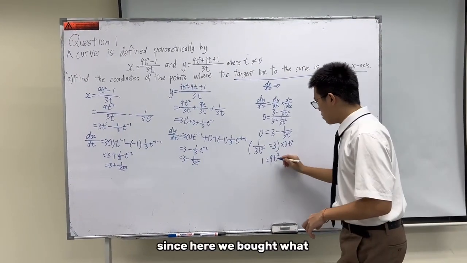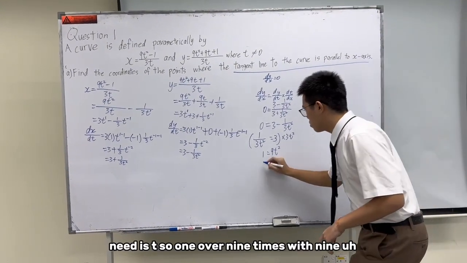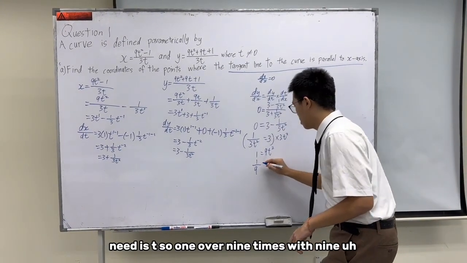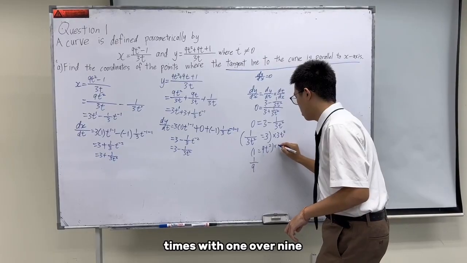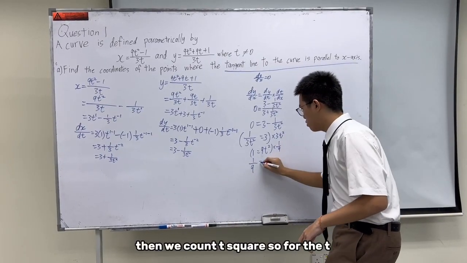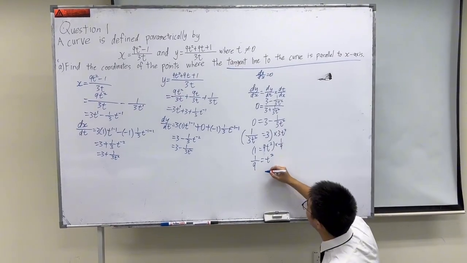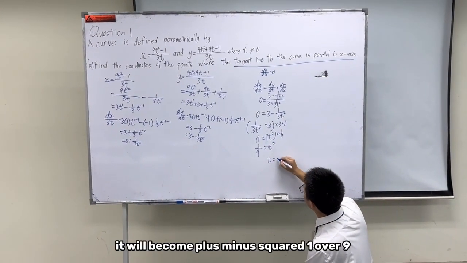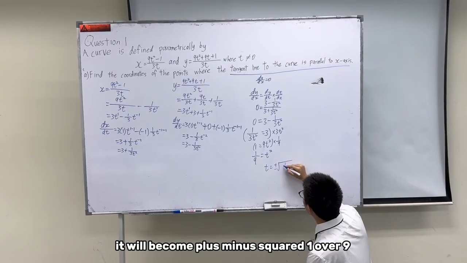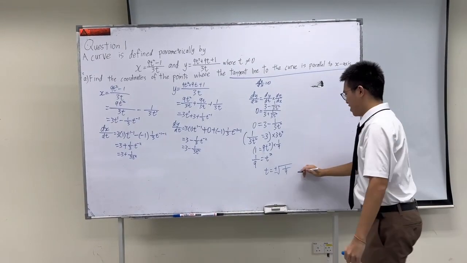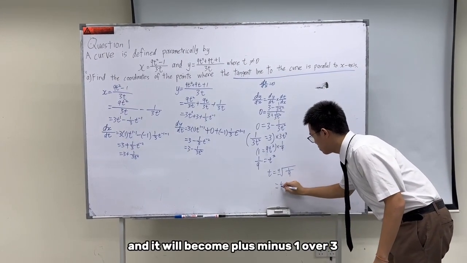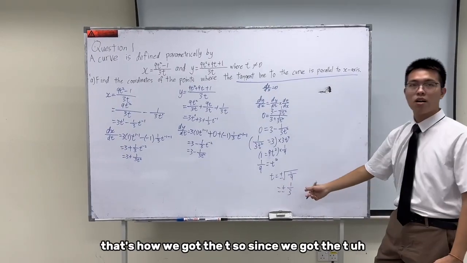Since what we need is t, 1 over 9 times 9 becomes t squared. So for t, it will be plus or minus the square root of 1 over 9, which becomes plus or minus 1 over 3. That's how we got t.